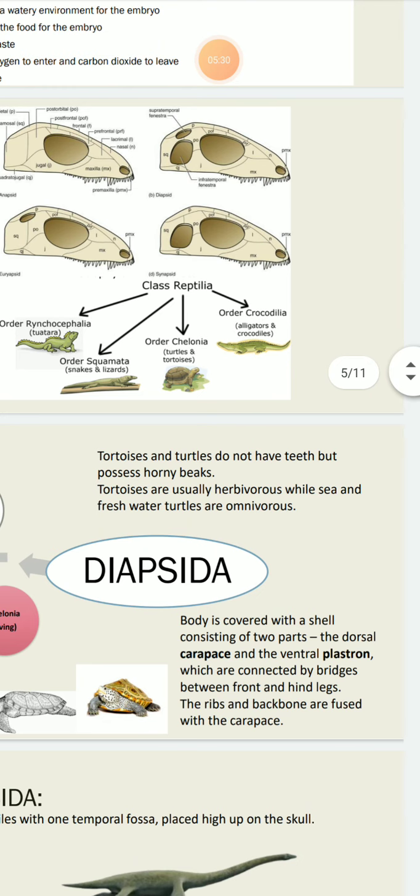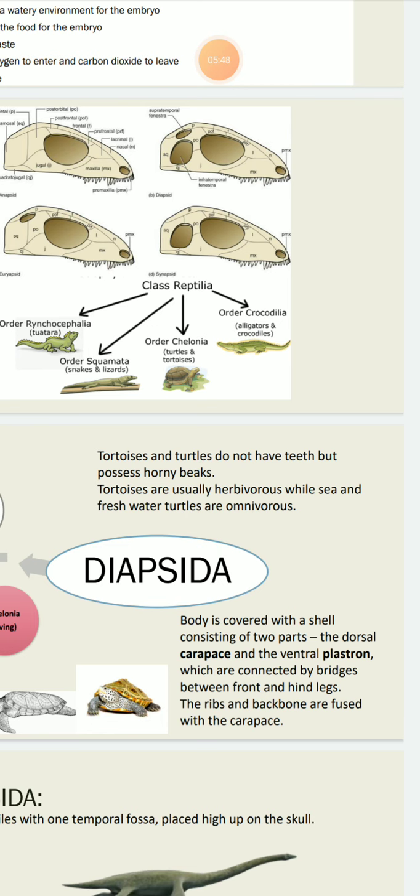Tortoises and turtles do not have teeth, as we all know, but instead possess horny beaks. Tortoises are usually herbivorous, while sea and freshwater turtles are omnivorous. Freshwater turtles are basically called terrapins.